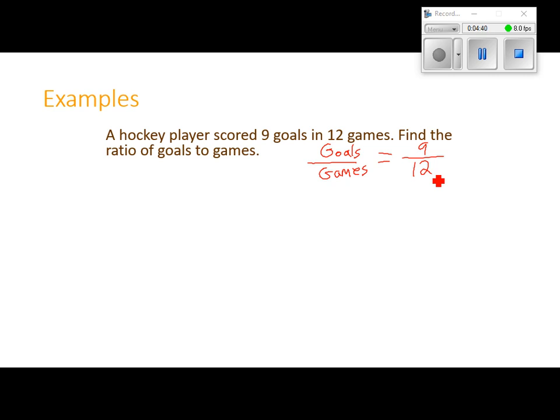If you've got 9/12, you just go on your calculator. Anytime you're wanting to reduce anything, you've got 9. Use the ABC button or whichever button you happen to have on your calculator. 9, ABC button, 12. I pushed the wrong button like 10 times. And then if Logan hits equal, what's it tell you, Logan? 3/4.